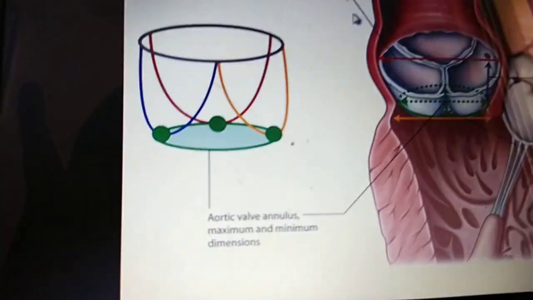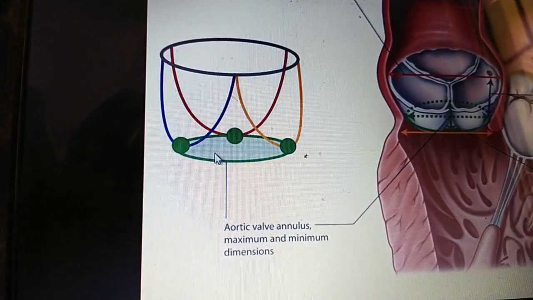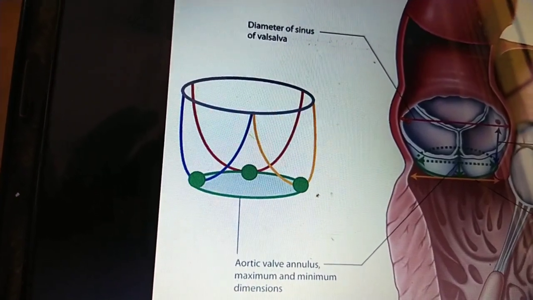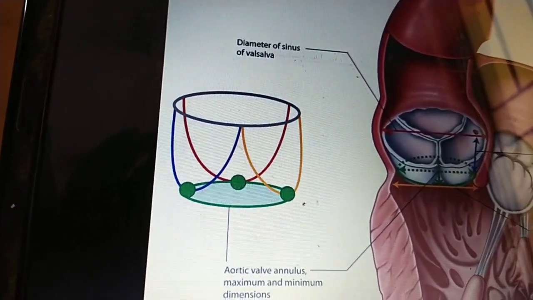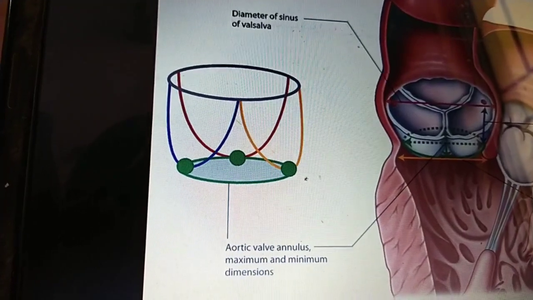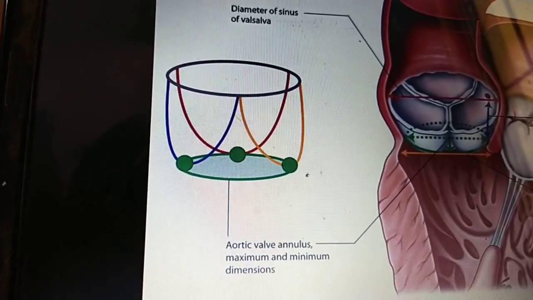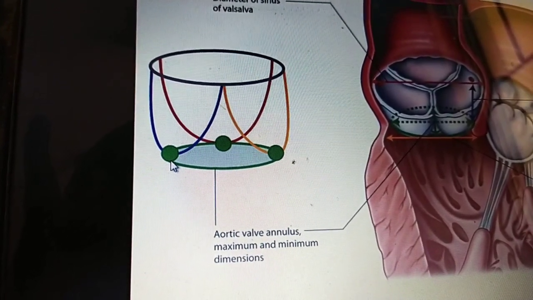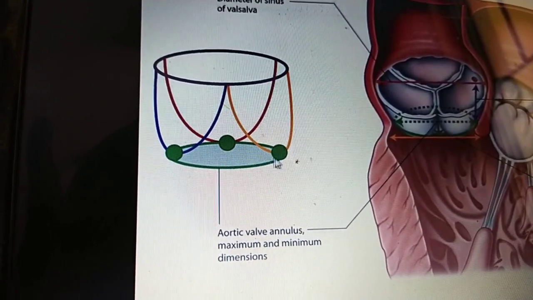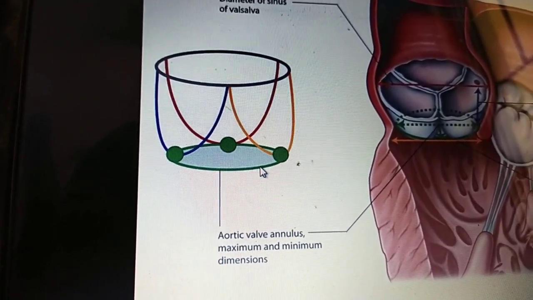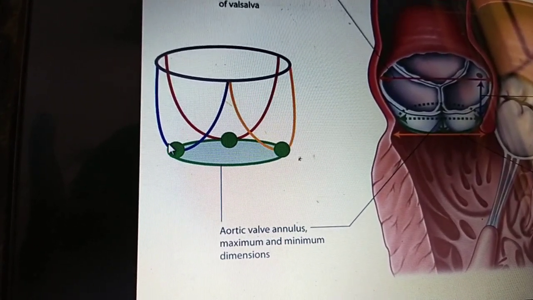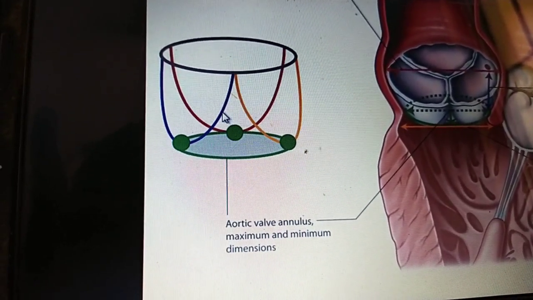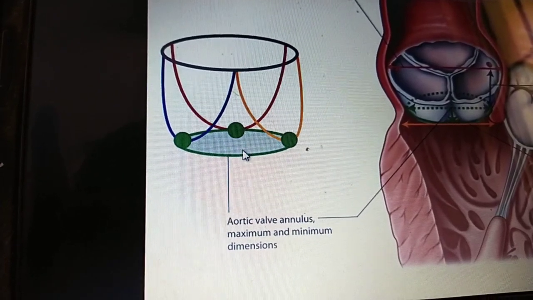That junction is called the sinotubular junction. See here, the aortic root resembles a box. Just as a box has a roof, floor and walls, the aortic root also has a roof, floor and walls. The floor is made by a fibrous ring, called the aortic annular ring.